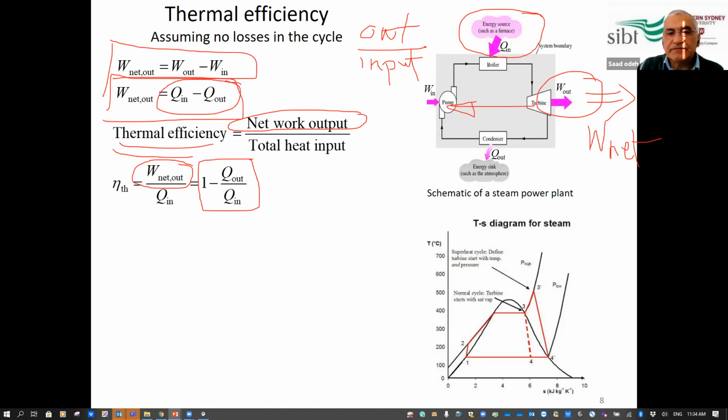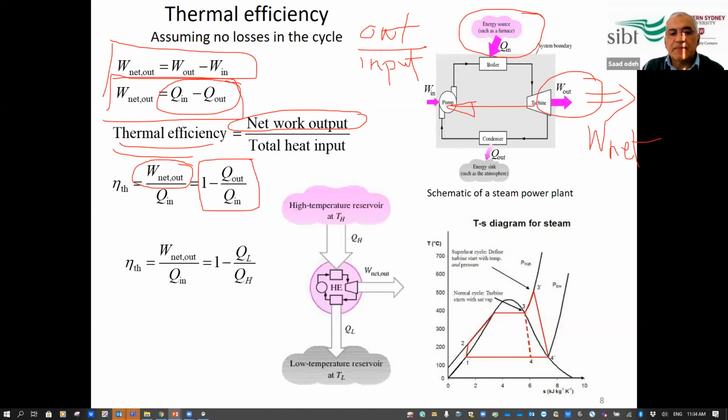Any question? All right, so that's the thermal engine efficiency in general. We can apply this efficiency not only on a power plant, but on any thermal engine, whether it's a car engine, a vehicle engine, a power plant, any type of engine.